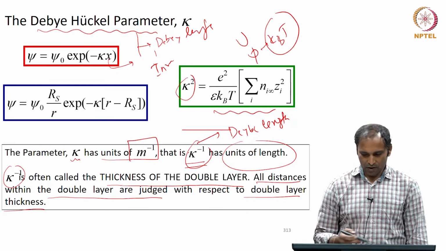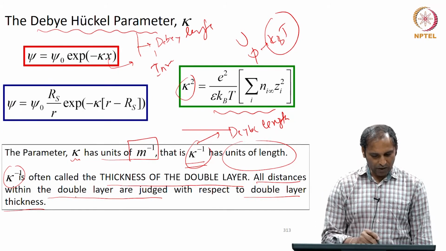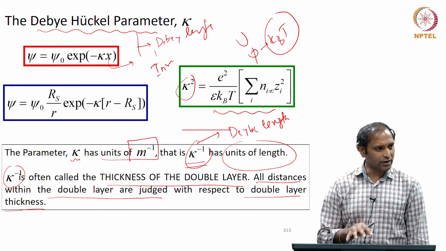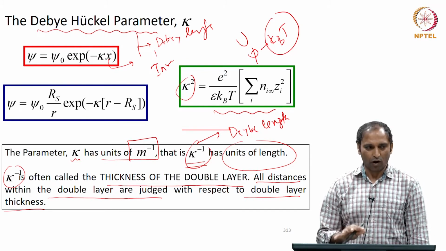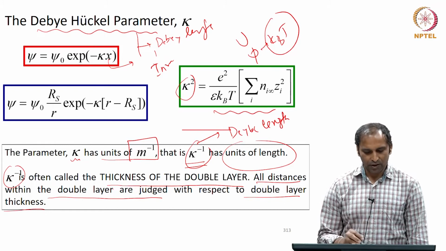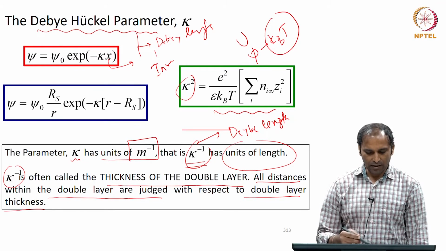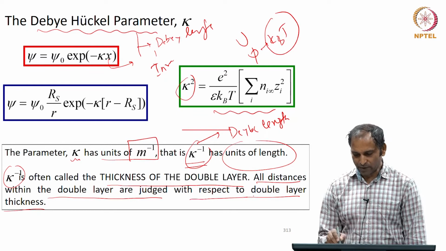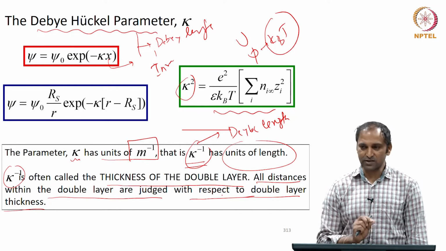All the distances and the range of interactions in electrical double layer interactions are judged with respect to the thickness of this double layer.